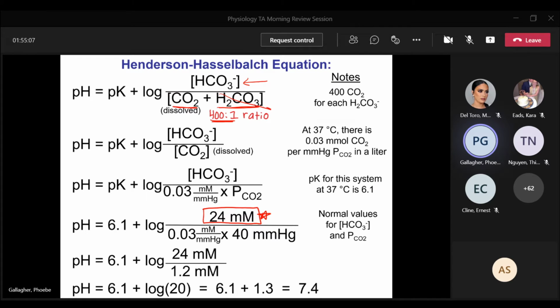So we can just ignore the carbonic acid and find the concentration of CO2 instead, which is easy to find because we just need the partial pressure of CO2, which we know is about 40. And we can use this number to convert it to millimoles. So this is just a conversion factor. And then we can solve for the pH of blood, which comes out to be 7.4.